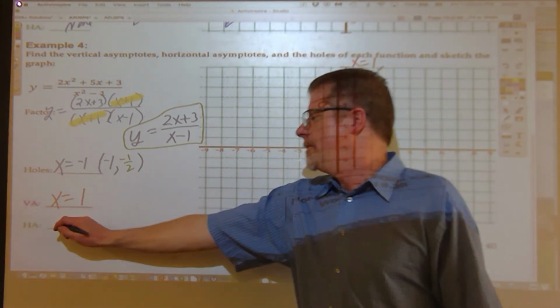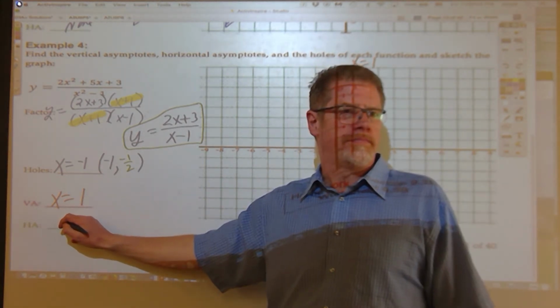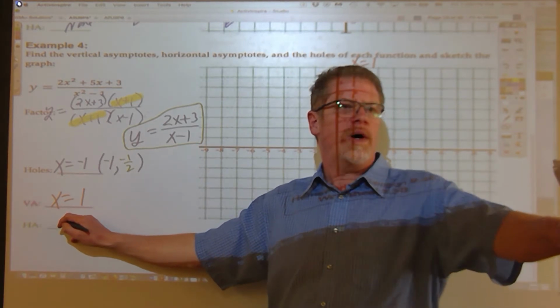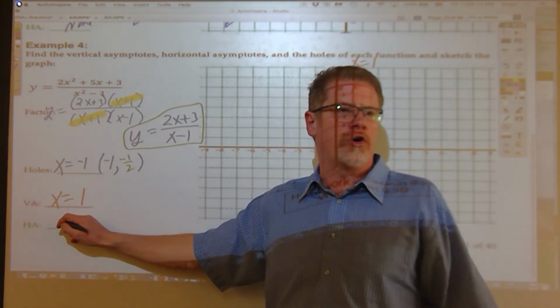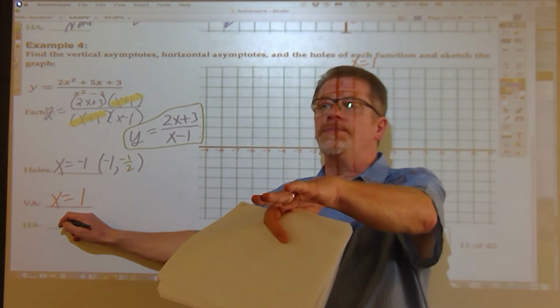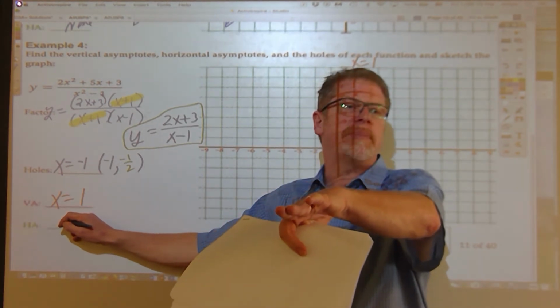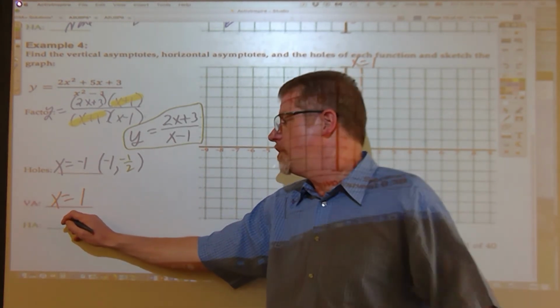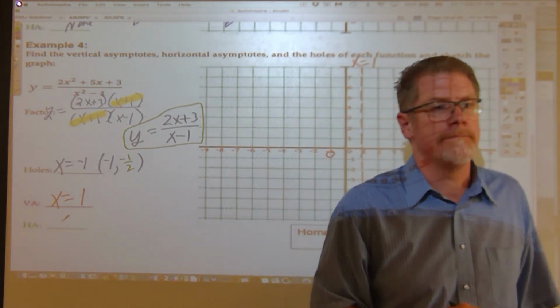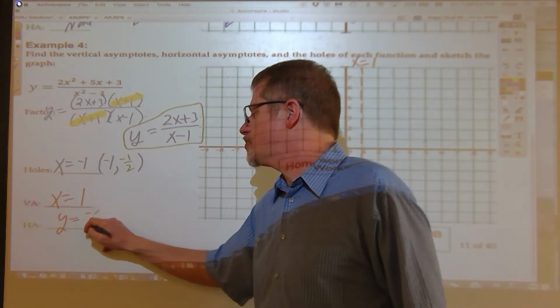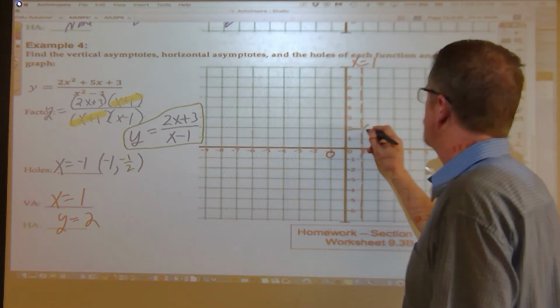J, what is the equation of the horizontal asymptote? Mason helped you out here. Mason said it's balanced. So is it 2? It's got to have an equal sign. y equals 2 is correct. That's it, Jay.